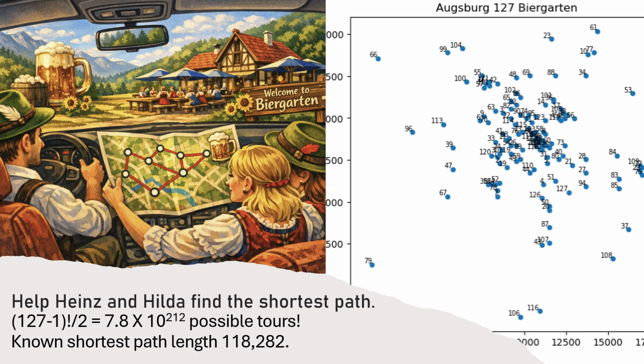That's just a huge, amazing number of tours if you were trying to solve this in a brute force method. The known shortest path is a distance of 118,282 units. I'm not sure what that is, if it's meters or what, that might be it. But let's see how close we can come with some of these optimization enhancements that I talked about.